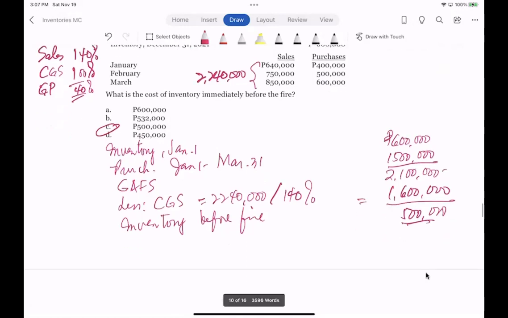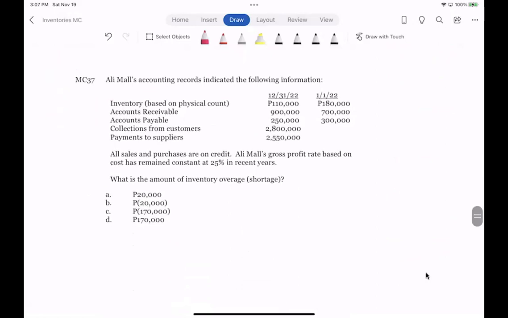Okay, next. We have MC 37. What is the amount of inventory overage or shortage? Alimos accounting records indicated the following information. So you are given the information at the beginning of the year, January 1, 2022, and at the end of the year, December 31, 2022.